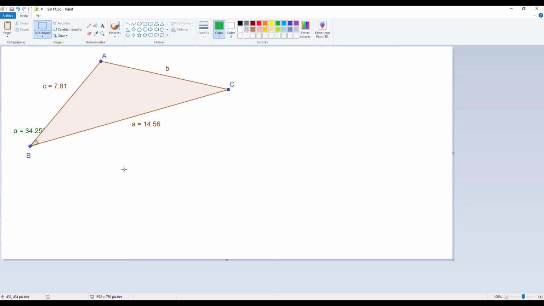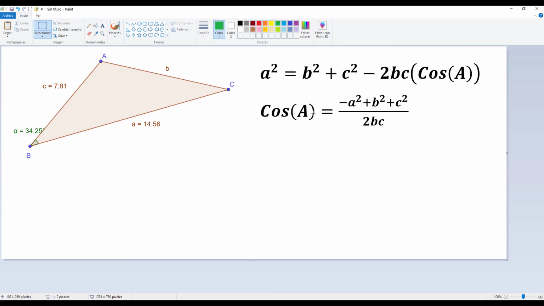So you need to apply here the cosine rule. So those are the formulas for the cosine rule. I will use that one because I will calculate a side.